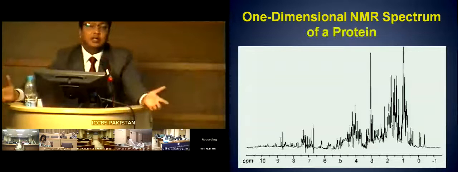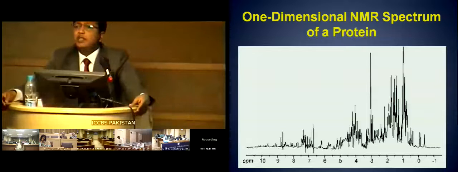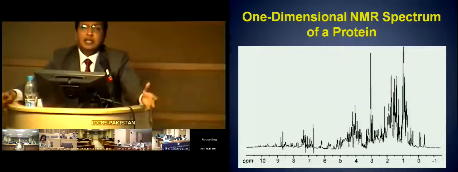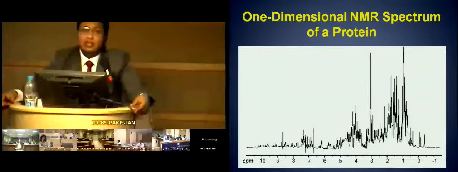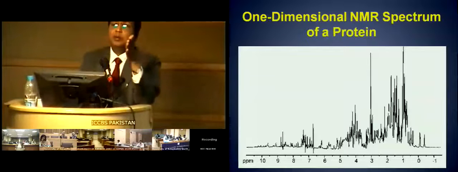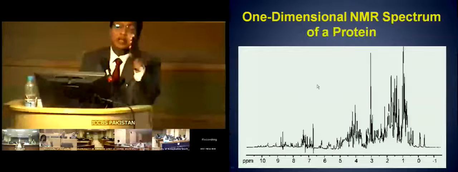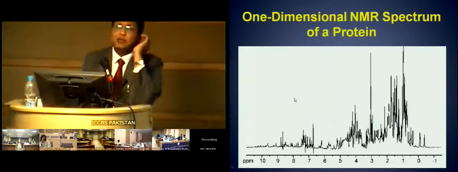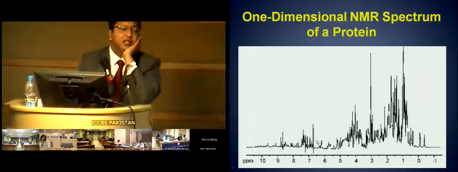So the second dimension was a very obvious reaction of a very smart man, and he presented this lecture at a small workshop in California, UC Davis. Jeener presented the idea of two dimensions. He said that theoretically it is possible to add one more frequency domain and spread this information in 2 dimensions.